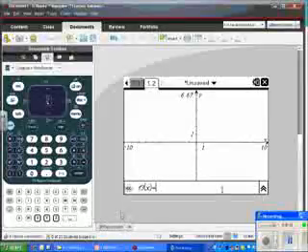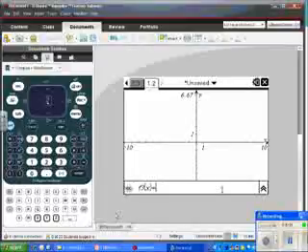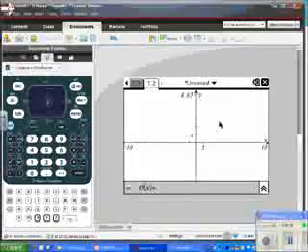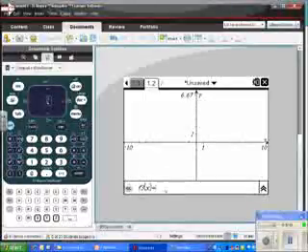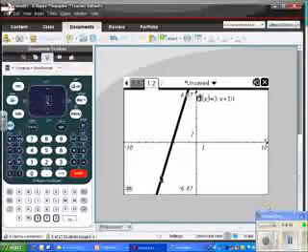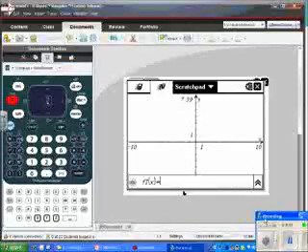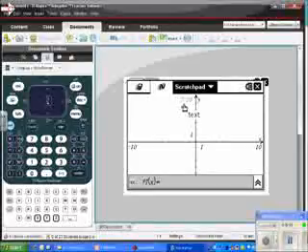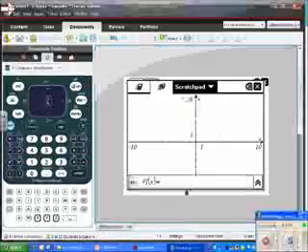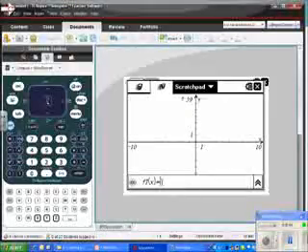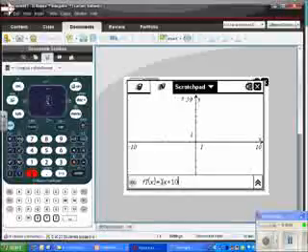Okay, first thing you do is open up a graphs page, and you're going to do 3x plus 10. Okay, so first I type in 3x plus 10.